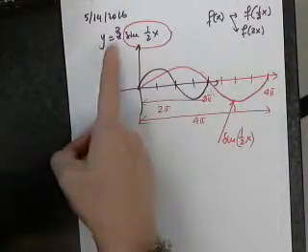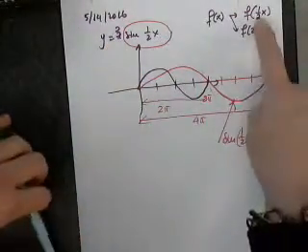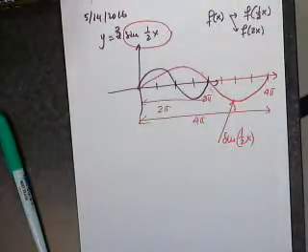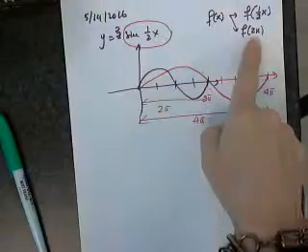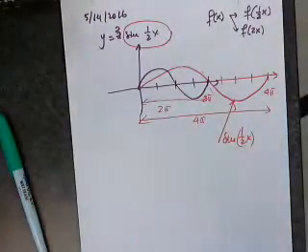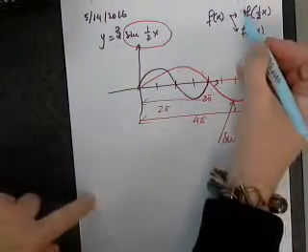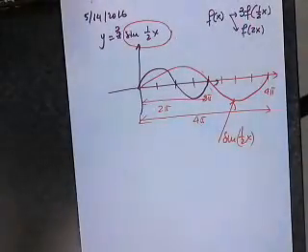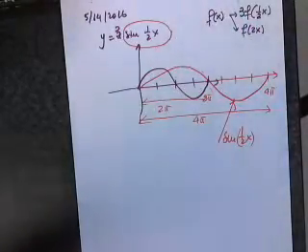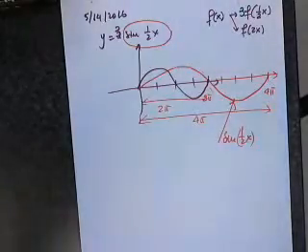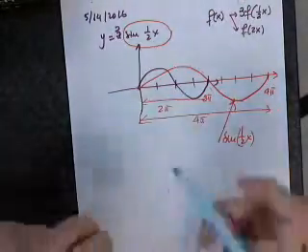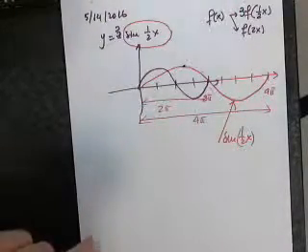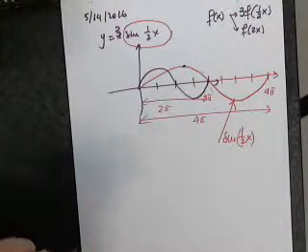What does the number outside do? The number inside, when I change x into 1/2 x, it does this. When I change x into 2x, it does this. But what if I have a 3 outside? What will that do? This is straightforward. This is not the opposite. Instead of the height being at maximum, what is the maximum possible for sine? 1.